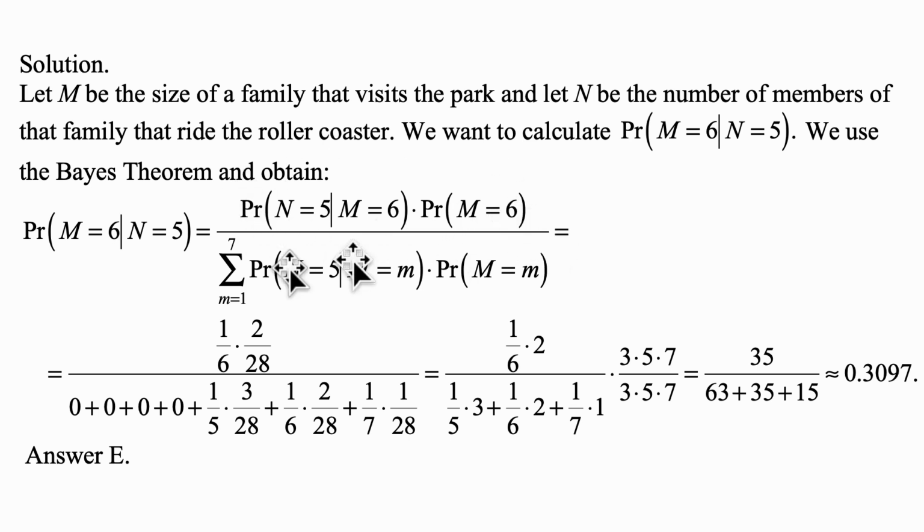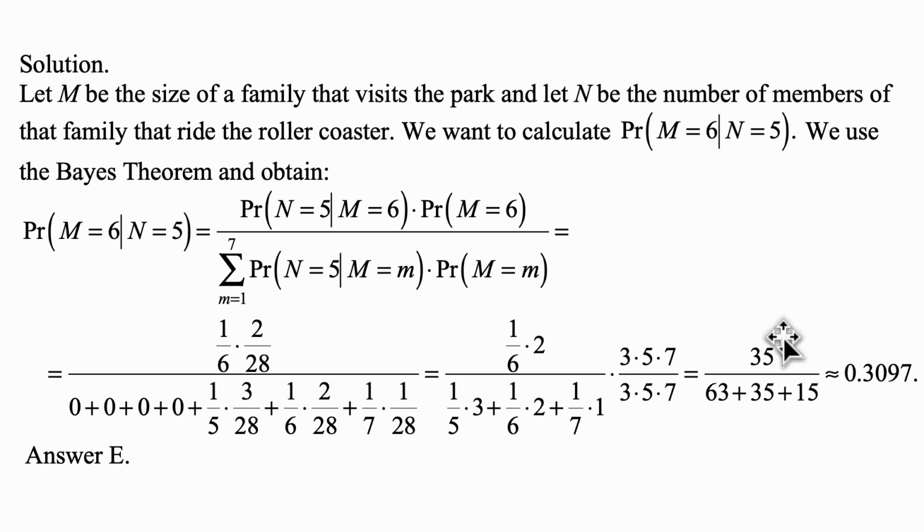That's the numerator. The denominator has the sum of all possible values of the random variable m, the one that we condition on in the numerator. Basically a sum of the same things as in the numerator, but for all possible values of m.